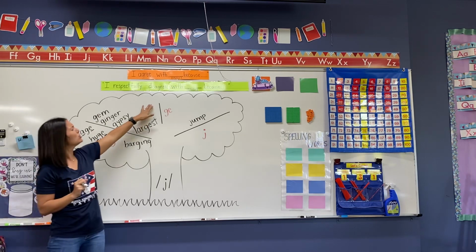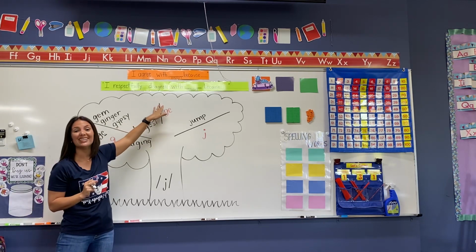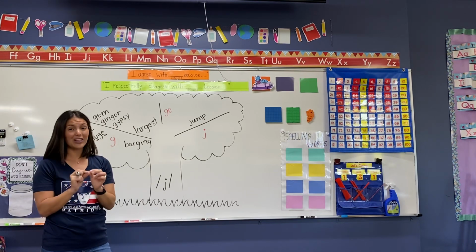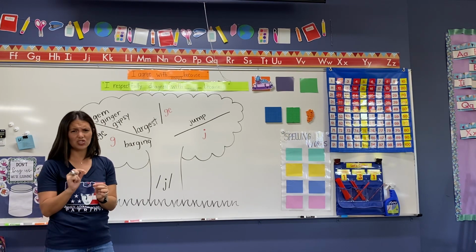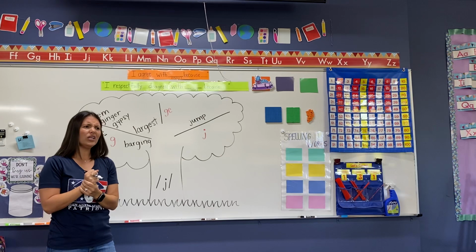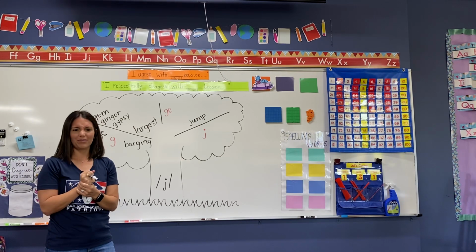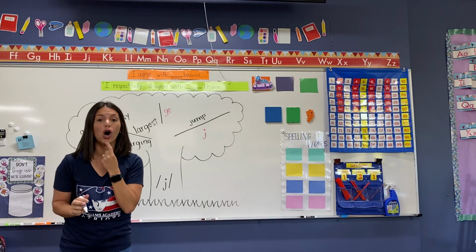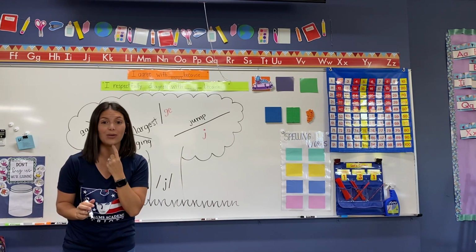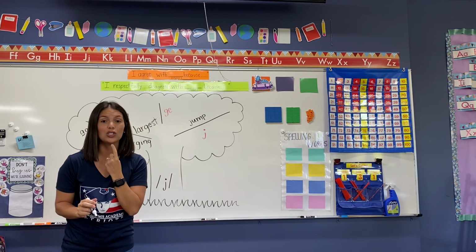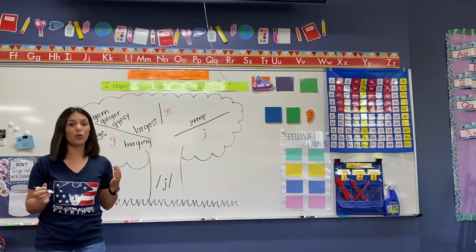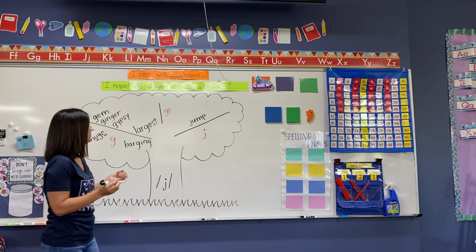And very last, the smallest little branch is the GE. You get it? That's not very commonly used. So we use the GE spelling only a couple times here and there. And it's usually at the end of words after an R controlled vowel sound. The R controls the sound, okay? For example, the word large.